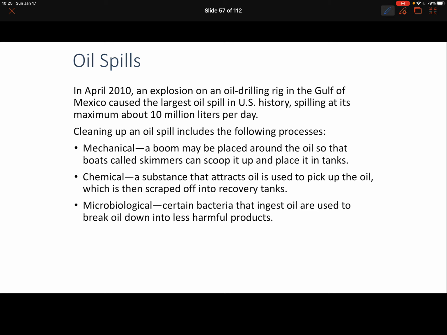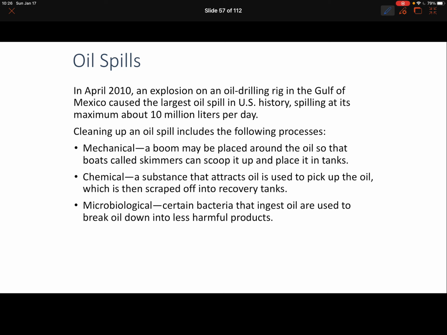Now, there's a few ways that we try to clean that up now. There's mechanical ways like scooping up the oil and trying to just get it off the top of the water. There's chemical ways using materials that'll attract the water and then again picking them up, scraping them off the top of the water. The newest ways, microbiological, we're sort of manipulating bacteria to be able to eat the oil.